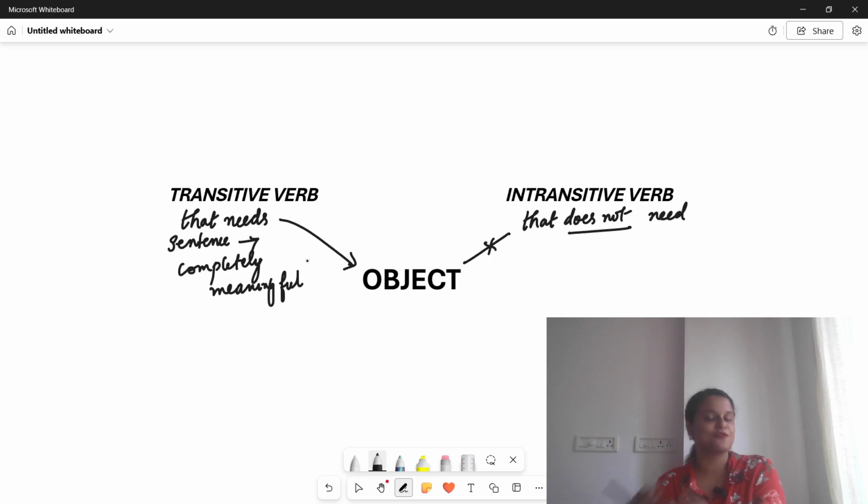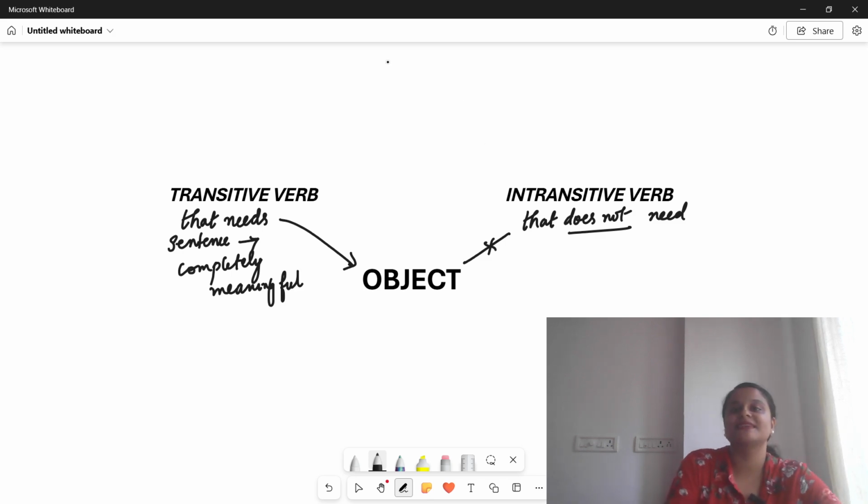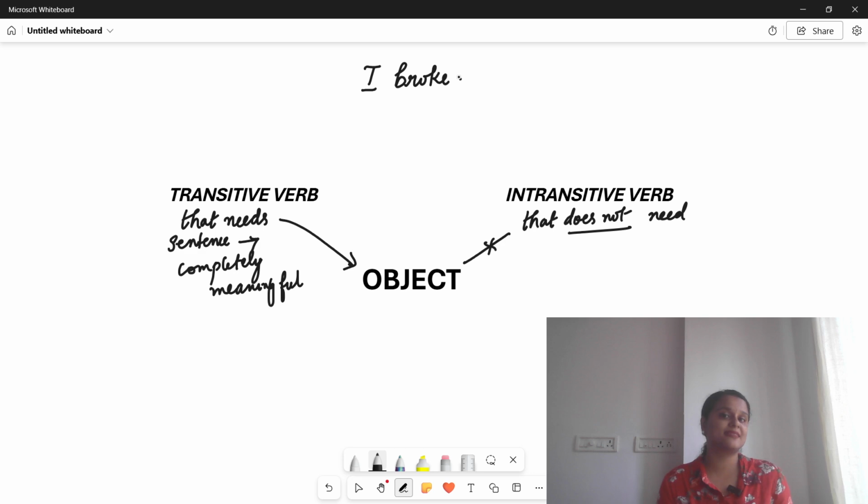And an intransitive verb, you must have guessed it, does not need an object to make the sentence meaningful. Now, how do we explain that? Well, let me give you an example. My sentence is, I broke. That's the only thing that I say.